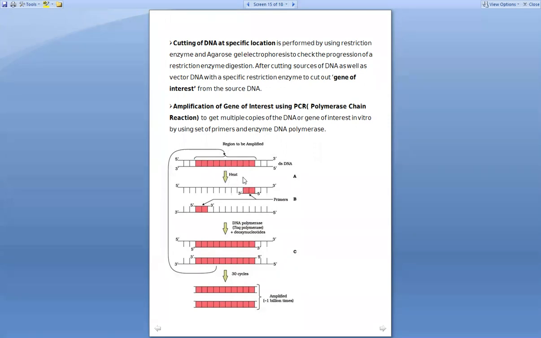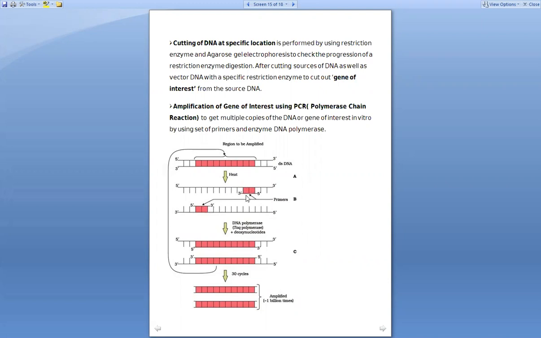When we are giving the heat, the two strands separate from each other, and at this portion two primers are being added. You can see here the first primer is this and the second primer is this. I am showing the cursor over here to make you understand at which places the primers are being attached. These are the two places where the primers are attached.